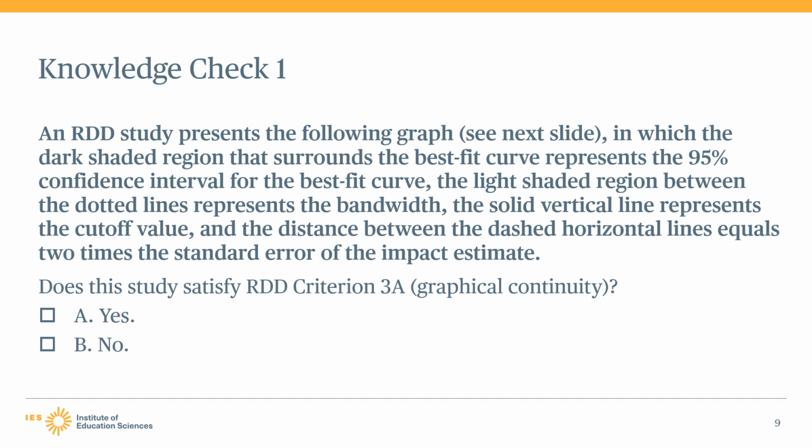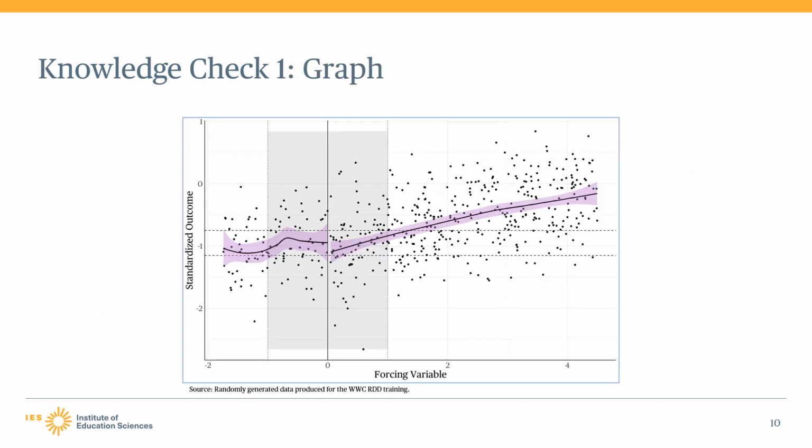In this graph, the dark shaded region that surrounds the best fit curve represents the 95% confidence interval for the best fit curve. The lighter gray shaded region between the dotted lines represents the bandwidth. The solid vertical line represents the cutoff score on the forcing variable.